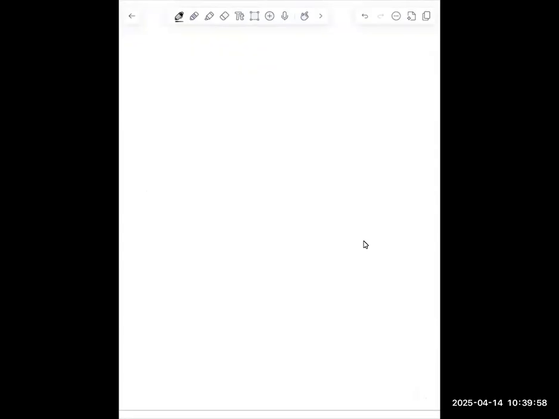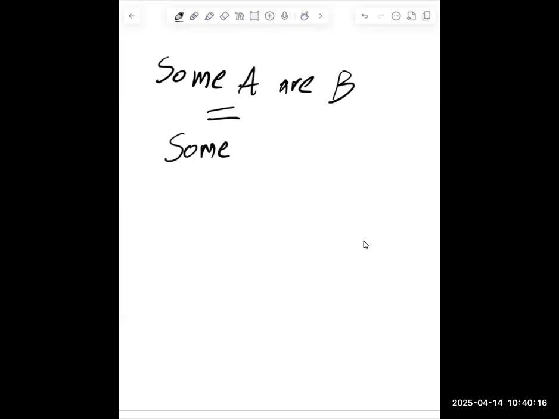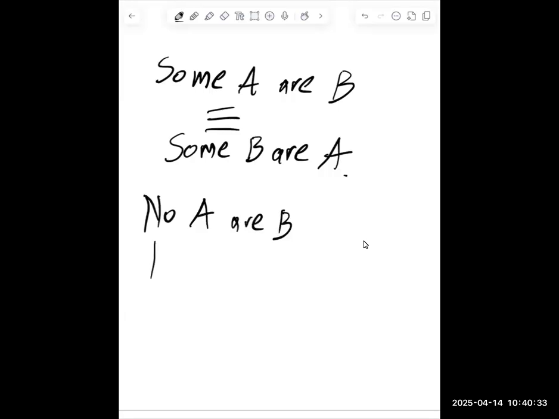When you're doing some are or no are statements, the order doesn't matter. So this little symbol here, these three lines, logical equivalence, we'll talk more about that. These statements mean the same for purposes of logic. That's what these three lines mean.